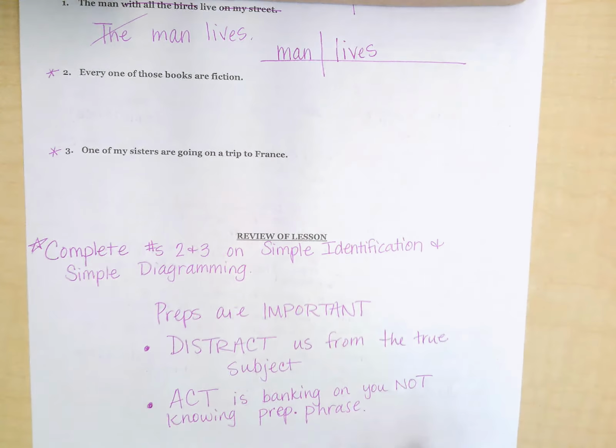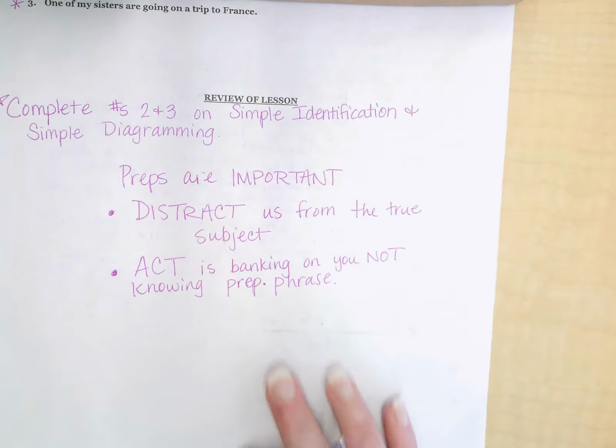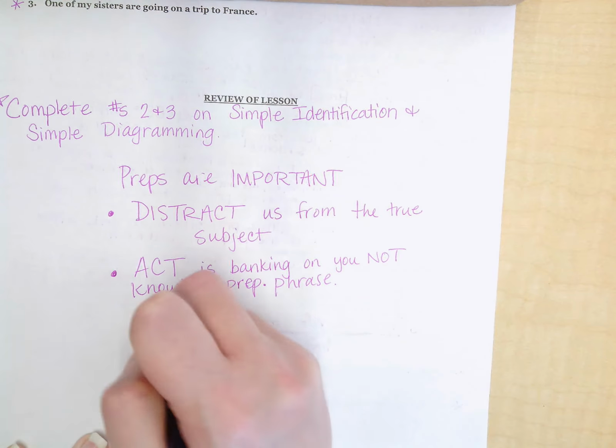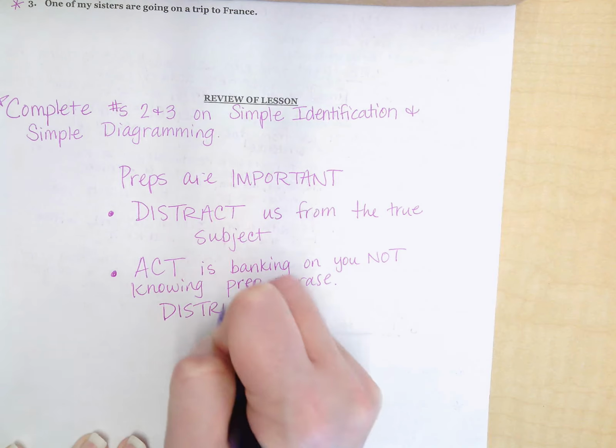So the ACT is banking on the fact that you're going to make a mistake with prepositions. So they're thinking, hey, I can get these guys to choose the wrong answer and show they're not really ready for college by tossing some prepositional phrases in there. But what we know is you guys know the trick about prepositional phrases, so you're not going to fall for it. So you're not going to be distracted.